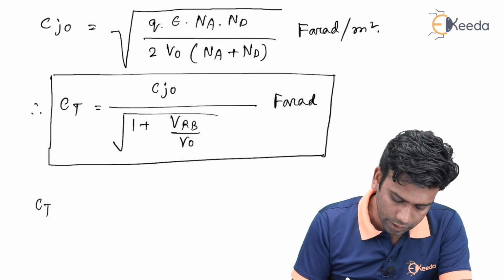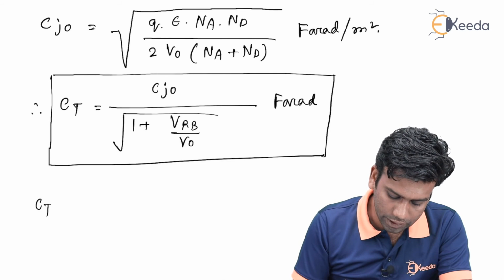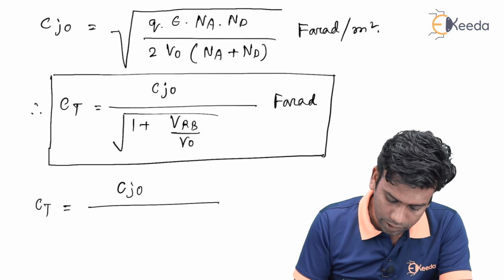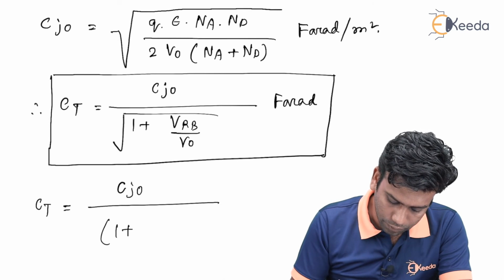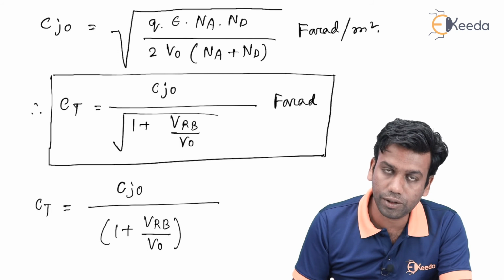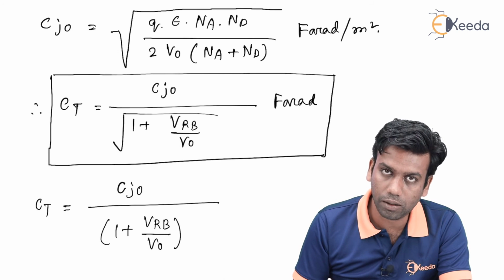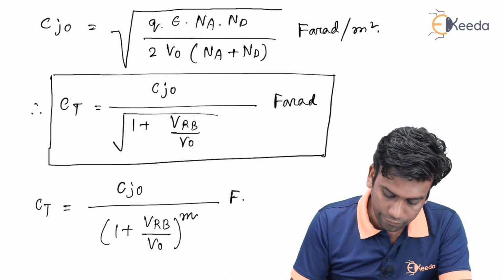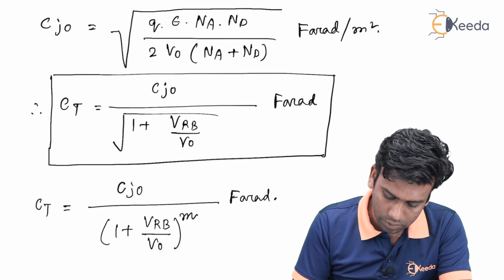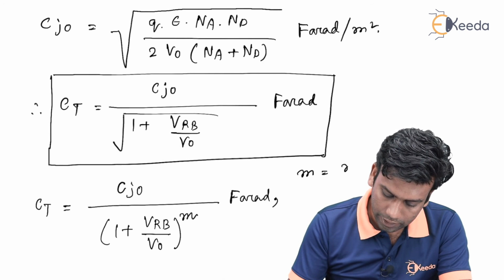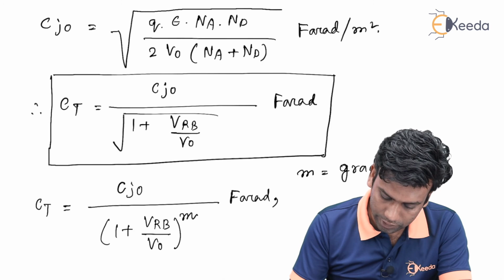Now, the generalized equation for the transition capacitance can be written as Cj0 divided by 1 plus VRB divided by V0, where V0 is the built-in potential of the diode, to the power m, and it is in farad, and this m value is the grading coefficient of the junction.